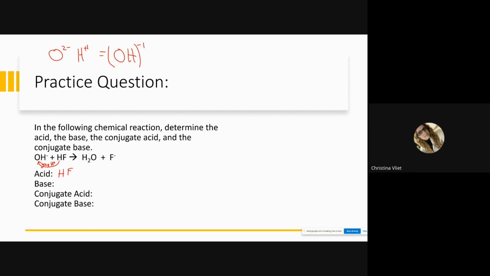Because HF had to give H plus to become F minus. That's how the transfer works. So HF is the acid, which means OH minus is operating as a what? Just a base, because it's on the reactant side. OH minus is your base. Yes? Because it receives H plus from HF.